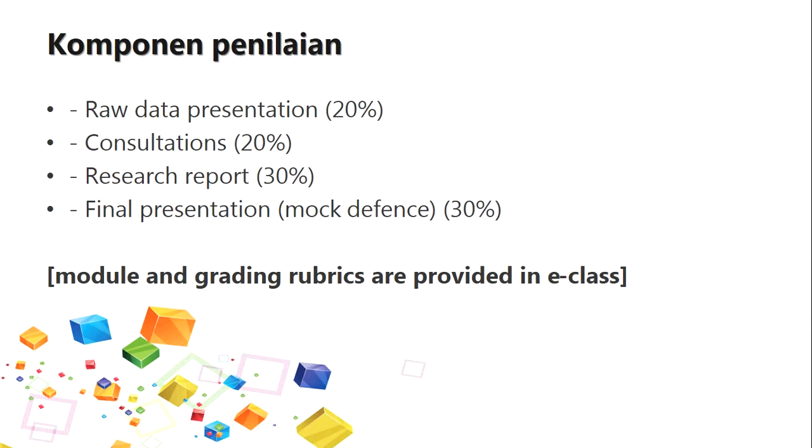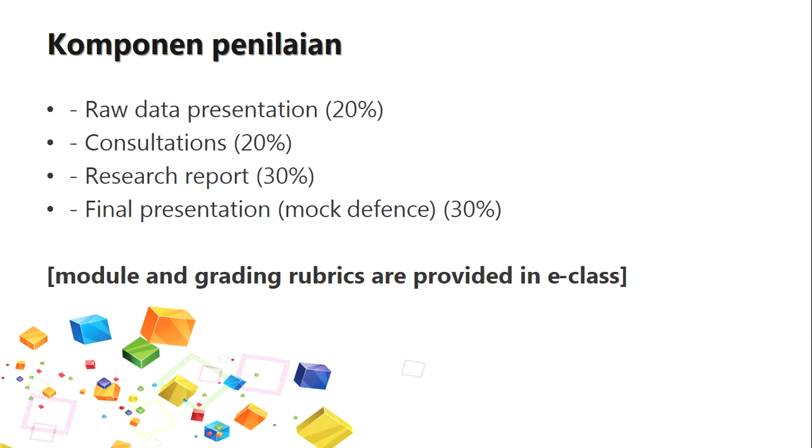And then consultations, that is very big, the percentage, that is 20%. To get a maximum or optimum grade, you will need to consult your works with your advisor 8 up to 10 times during the semester.